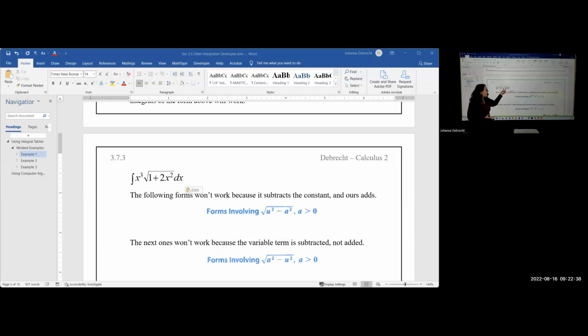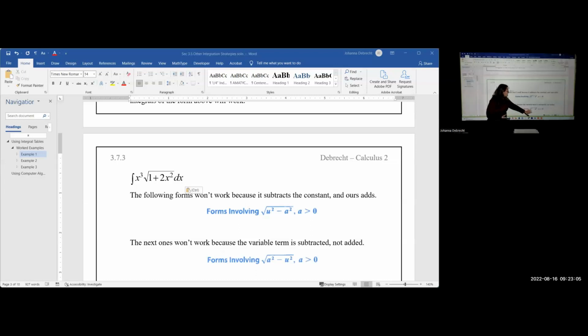And again, I can let u squared be 2x squared, then u would be the square root of 2 times x. But I can't fix the fact that this is plus 1 and not minus 1. So this pattern and all of the integrals under this set are not good choices for integrating this pattern that we see here.